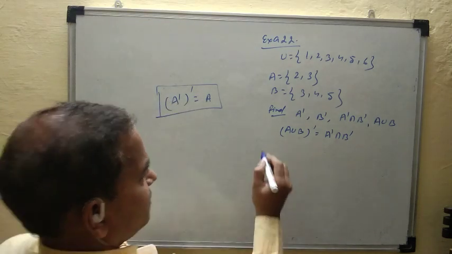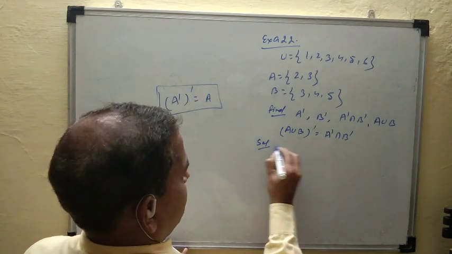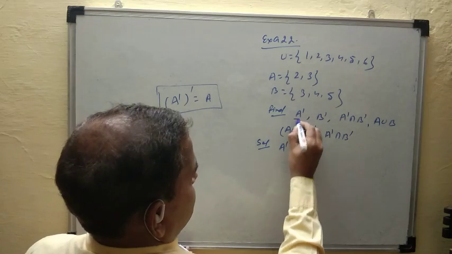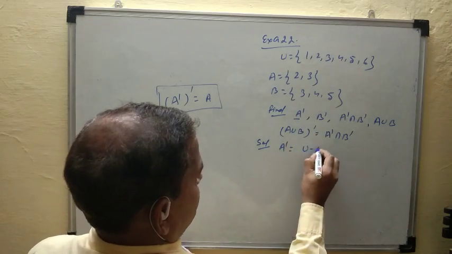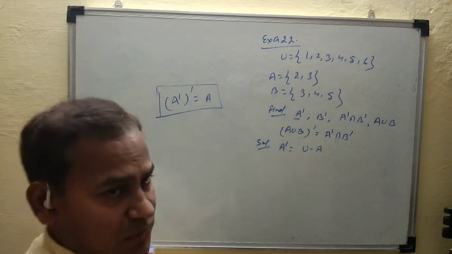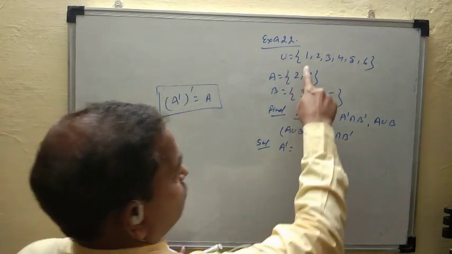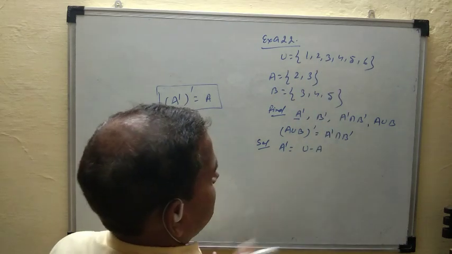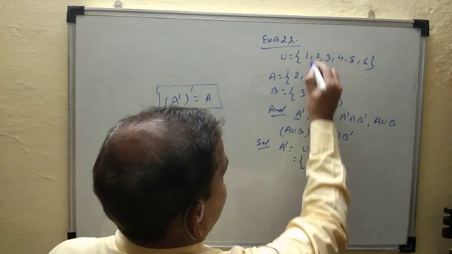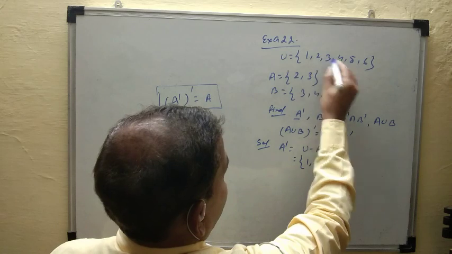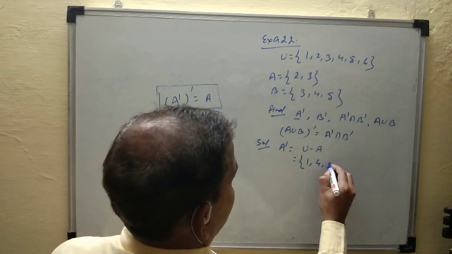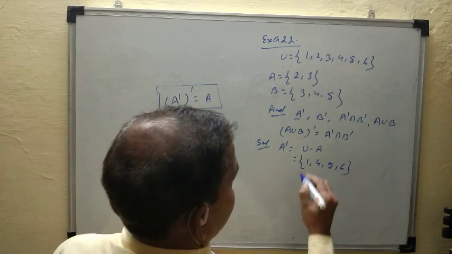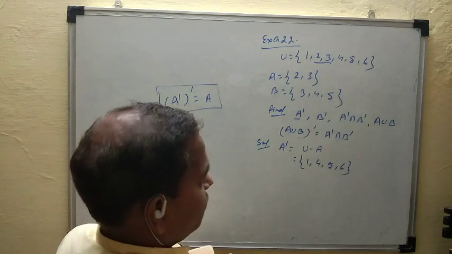So first find A dash. Since A dash is U minus A, subtract A from U. U is given 1 to 6, A is given 2 3, so remove 2 3: the remaining are 1, 4, 5, 6.